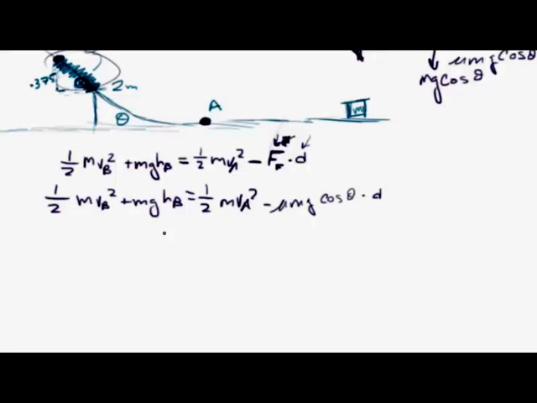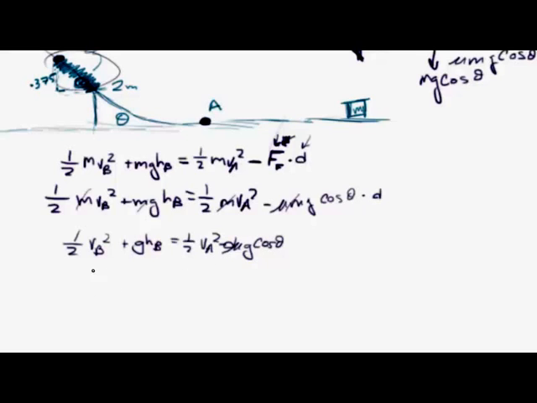And we see that the m's thankfully cancel out. So we're left with 1/2 vb squared plus g hb equals 1/2 va squared minus d mu g cosine theta.